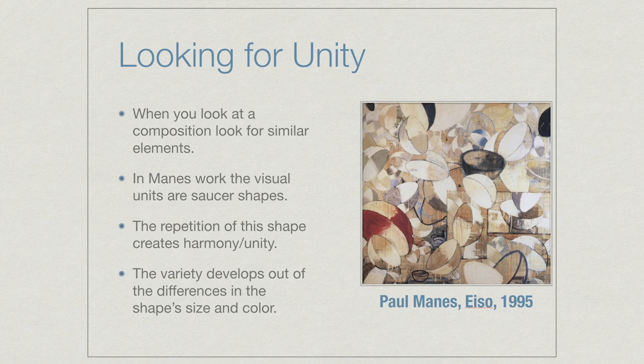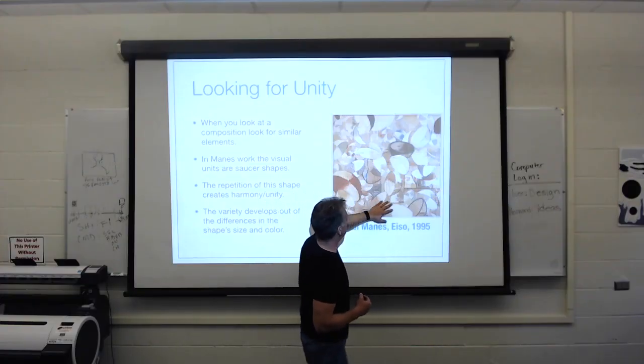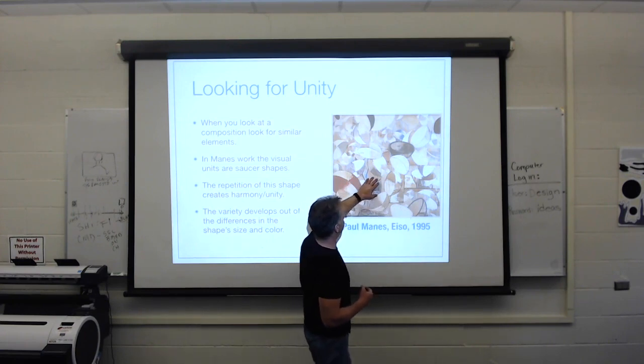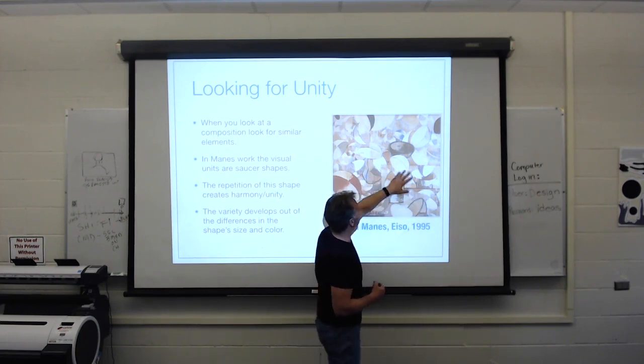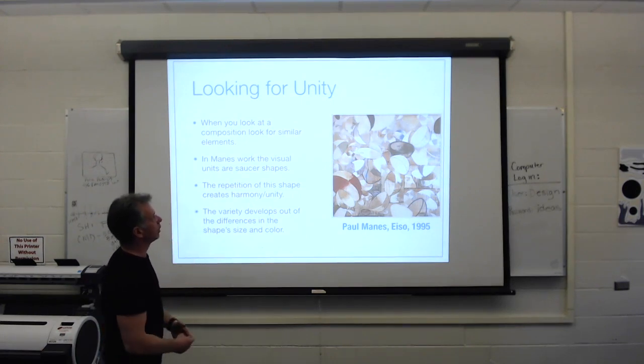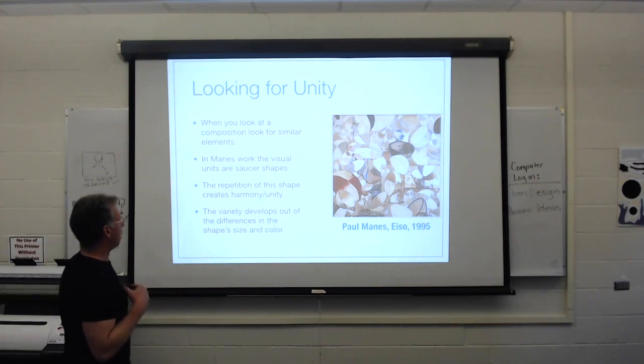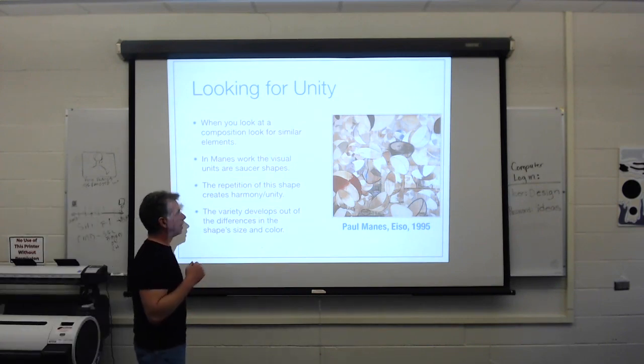It makes sense, right? They're all roughly the same shape. There's nothing that stands out as being unusual. There isn't a dog in the background or anything like that. It's all just this repetition of this shape that happens to look like a bowl. The variety develops out of the differences in the shapes, size, and color.